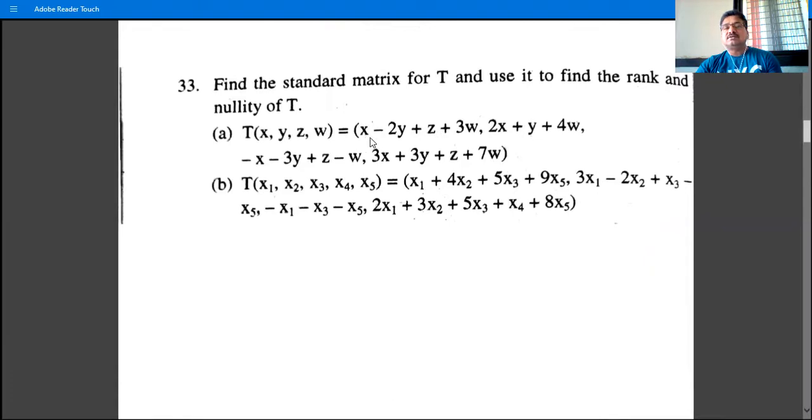T maps it to (X minus 2Y plus Z plus 3W, 2X plus Y plus 4W, X minus 3Y plus Z minus W, 3X plus 3Y plus Z plus 7W). The image is a 4-tuple, and so T is a function from R raised to 4 to R raised to 4. Okay, so we have to find its standard matrix.